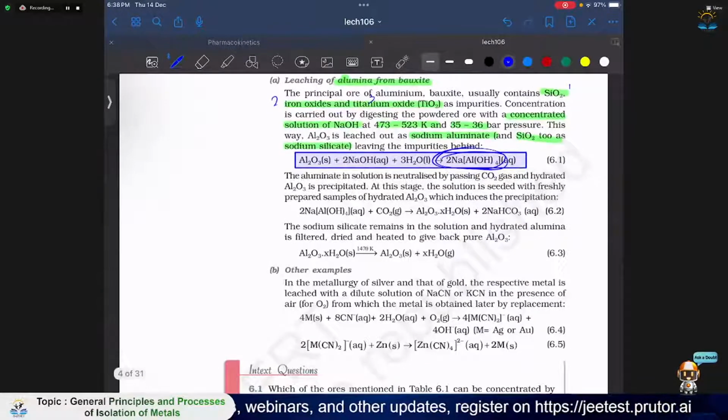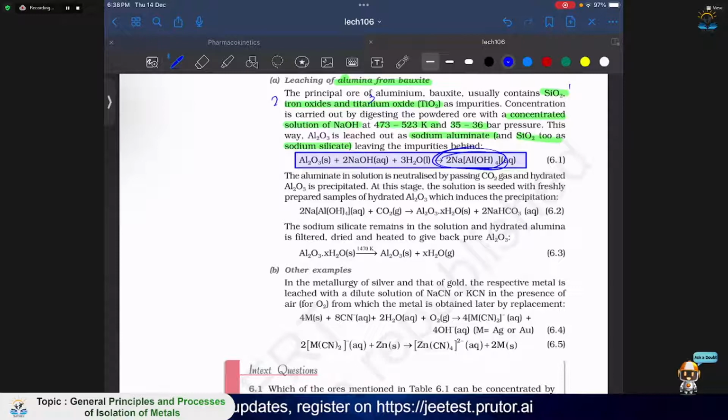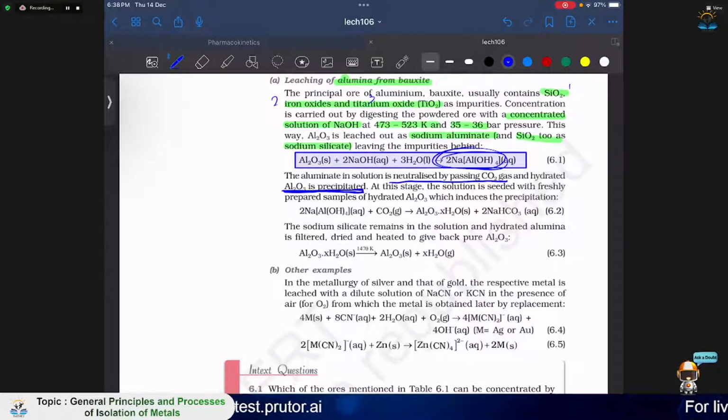Now, of course, you've removed some impurities, but how do you remove it from the sodium aluminate? You neutralize it by passing CO2 gas, and Al2O3 is precipitated. At this stage, the solution is seeded with freshly prepared samples of hydrated Al2O3, which induces the precipitation.